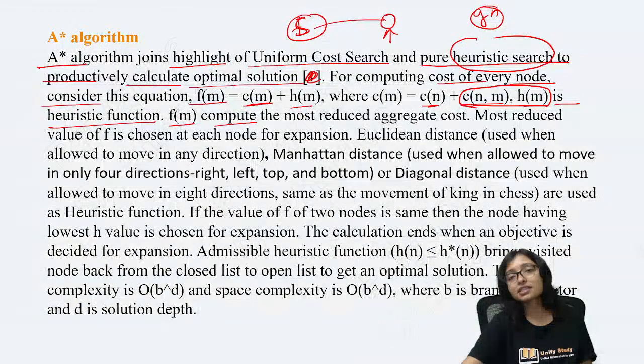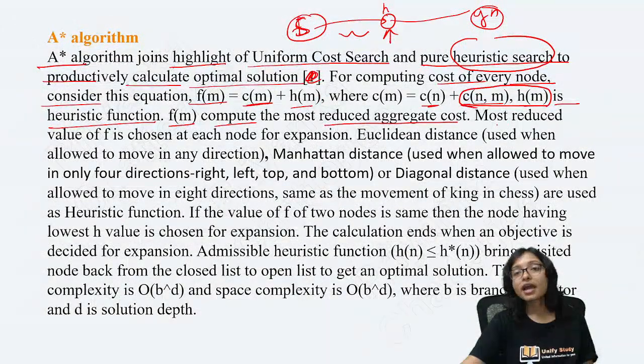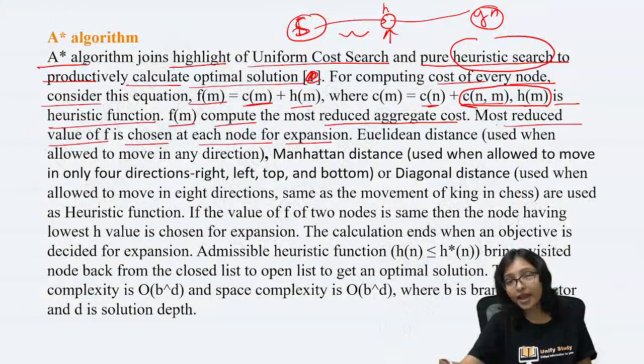Already I traversed this distance, this is known to me, and from here I am calculating a heuristic and now I am adding that heuristic, right? So the most reduced aggregate cost, the most reduced value of F, is chosen in each node for expansion. Now I will add the heuristic also.